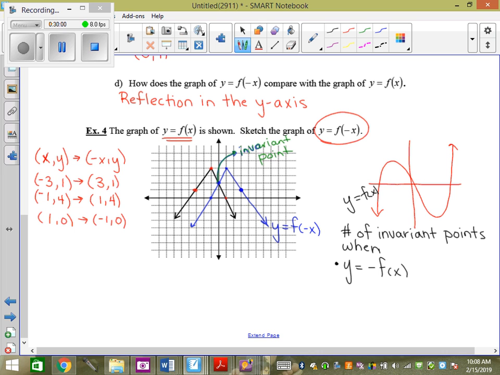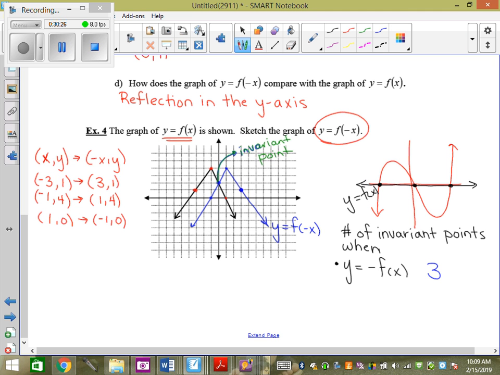I have a negative in front. What am I reflecting in? It is making the y's negative, so I'm reflecting in the opposite always, the x-axis. So I draw my little x-axis. How many times do they cross through? 1, 2, 3. So I would get the answer 3.